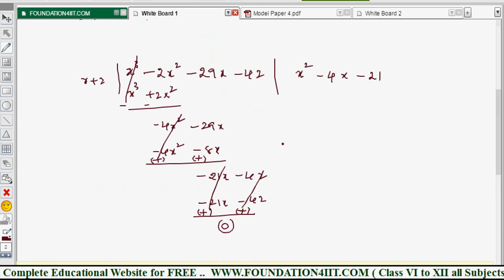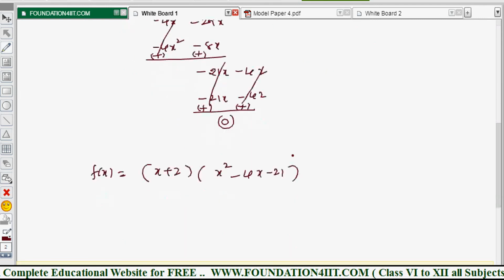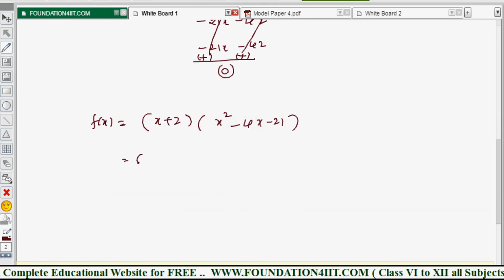We take this quotient, and then we can factorize it. Therefore this is x plus 2. Now x square minus 4x minus 21 is factorized as x square minus 7x plus 3x. Minus 7 plus 3 is minus 4, and minus 7 times 3 is minus 21.